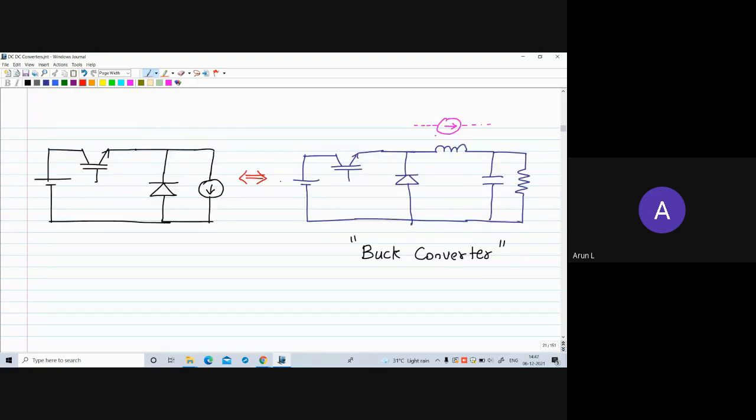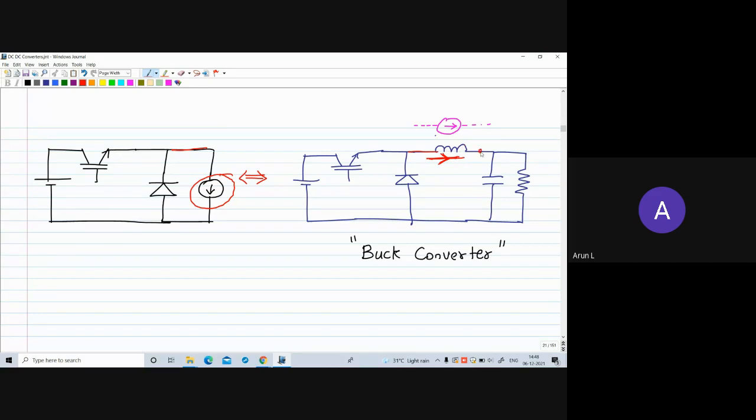Now this current source signifies the fact that the current flowing through this branch is constant. So it can be equivalent to current flowing through an inductance. Current flowing through an inductance is usually a constant value because inductance tries to keep that current constant, tries to oppose the changes in current.